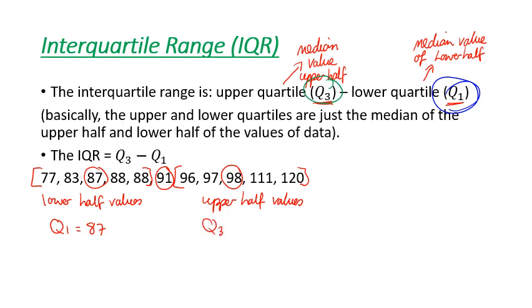So our Q3 is equal to 98 because that's the median value of our upper half of statistics. And remember that our interquartile range is equal to Q3 take away Q1. In this particular case, 98 take away 87. Therefore, our IQR, I've just run out of room, so I've had to move across, is going to give us 11.